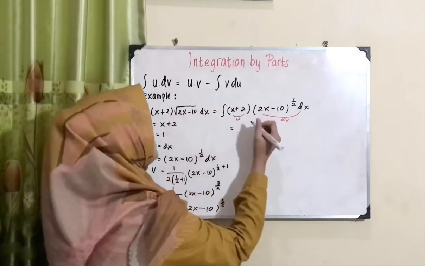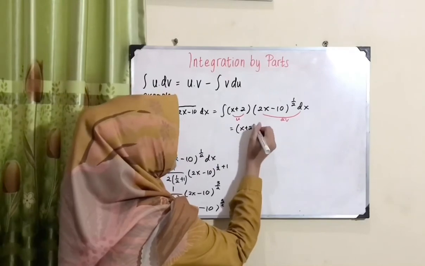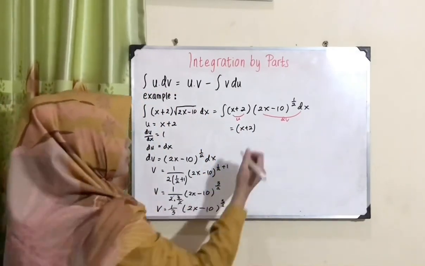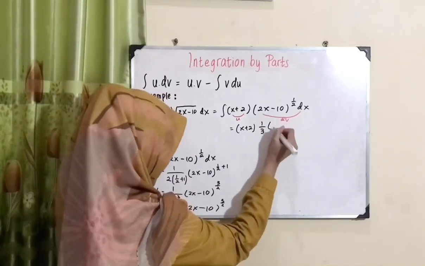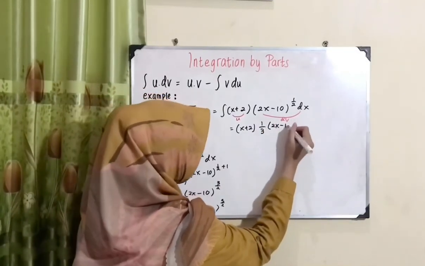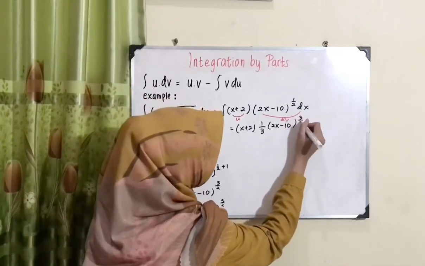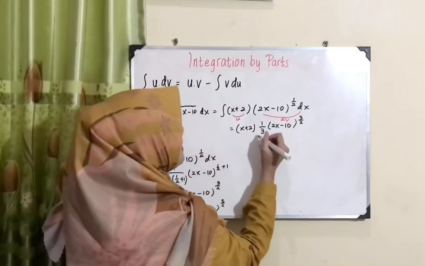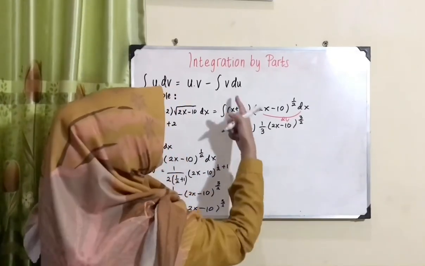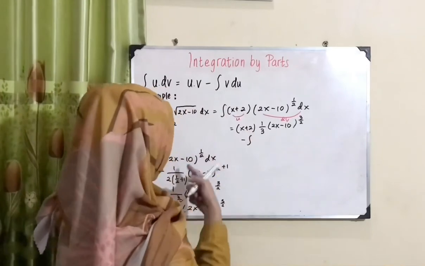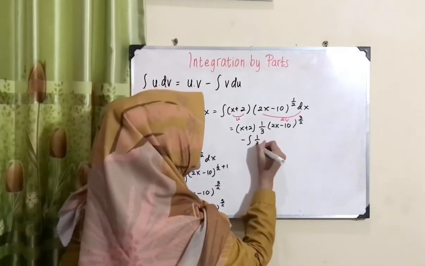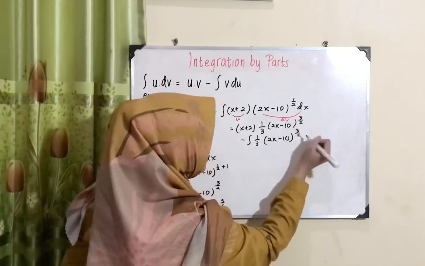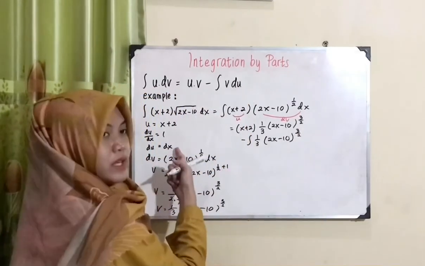So u is equal to x plus 2 and then times v. v is equal to 1 over 3 times (2x minus 10) to the power of 3 over 2, and then minus the integral of v du. v is 1 over 3 times (2x minus 10) to the power of 3 over 2 times du. du is dx.